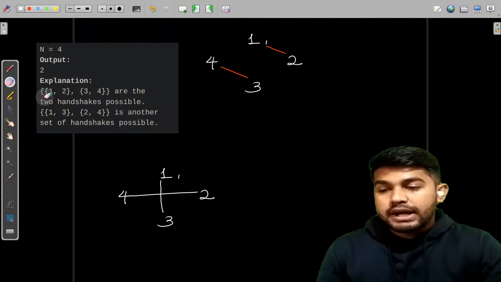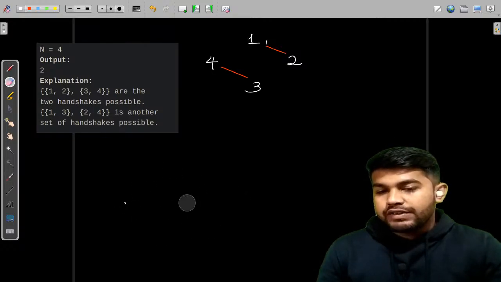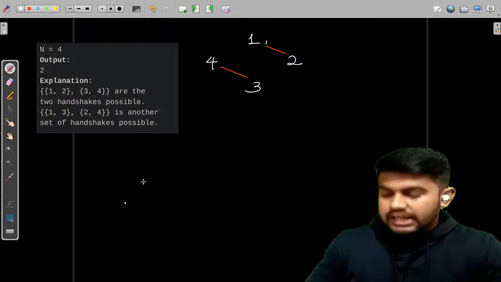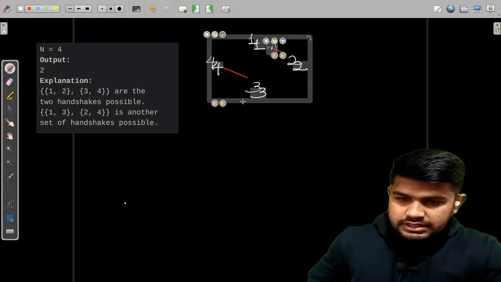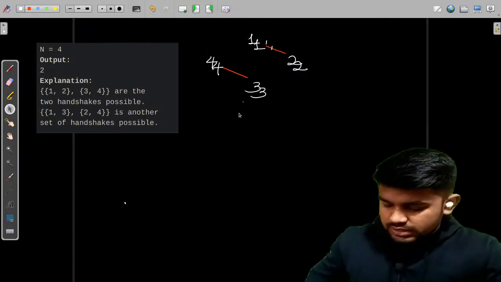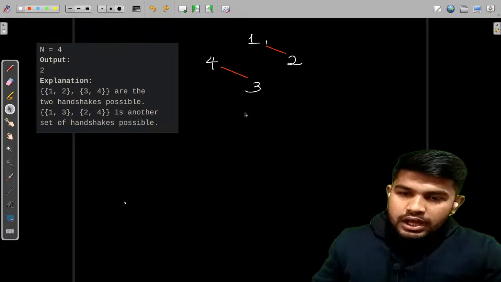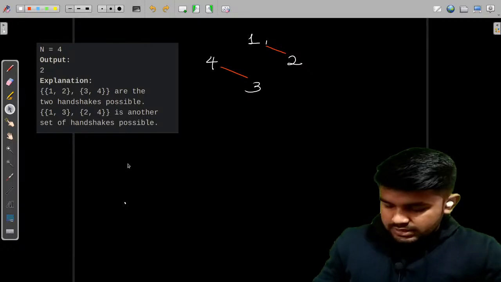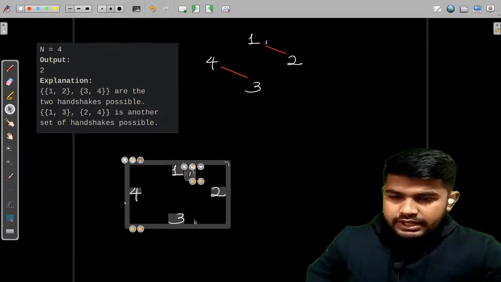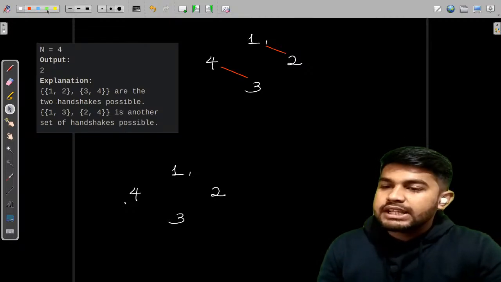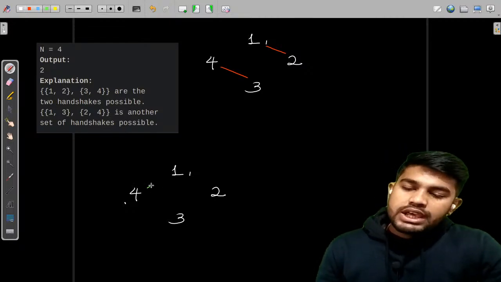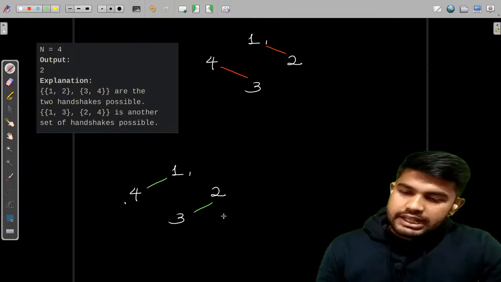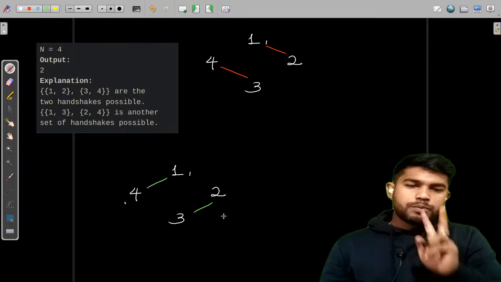But in the drawing of ours it can be the case that it is like this. Sorry, I forgot to paste. Now let's paste it here, and now we can say that in the drawing of ours we can have the handshake like this. So there are two possible ways.